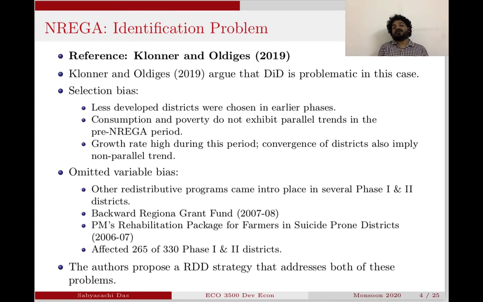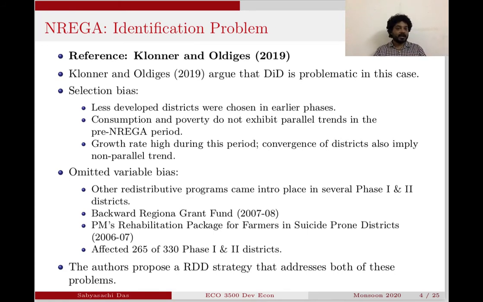It again identifies a set of districts to be backward and provides additional resources to local governments to produce local public goods, and it can have an impact on consumption of people, because they can work under these projects funded by the Backward Region Grant Fund, and that comes into effect in 2007-8, which is when the second phase is getting rolled out.